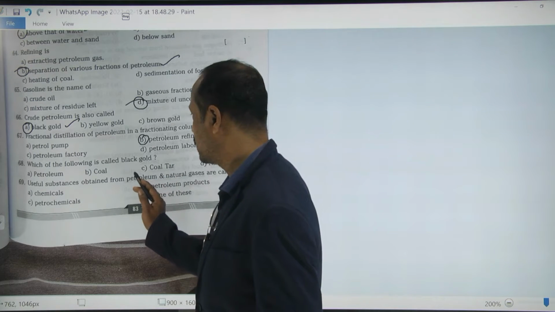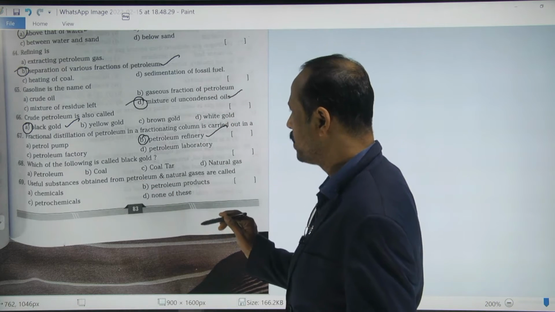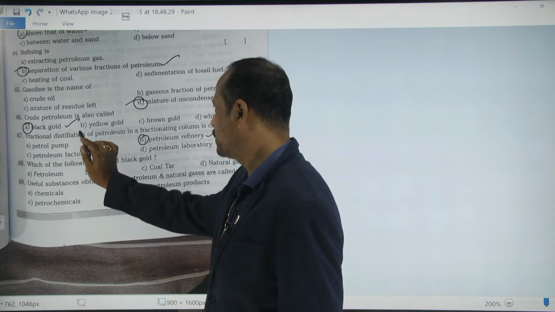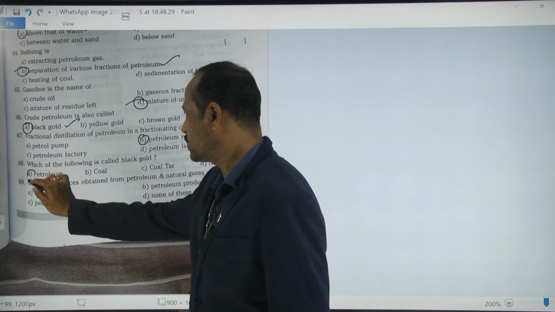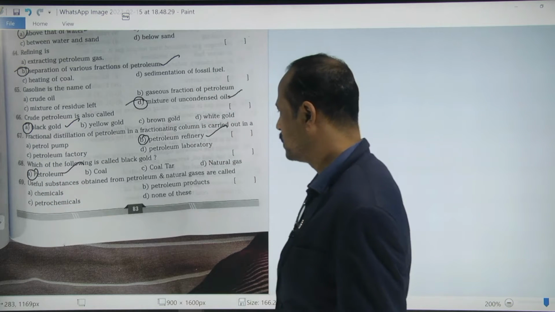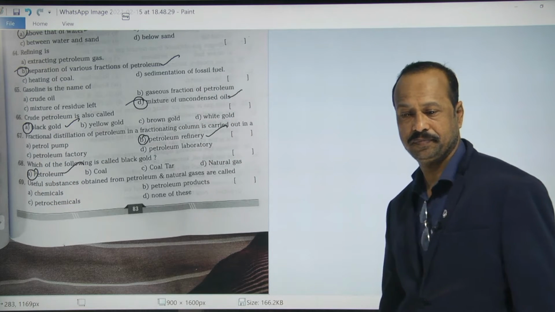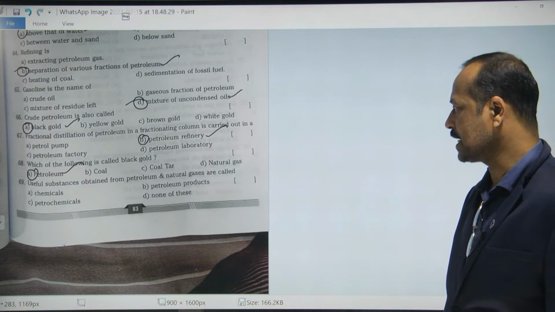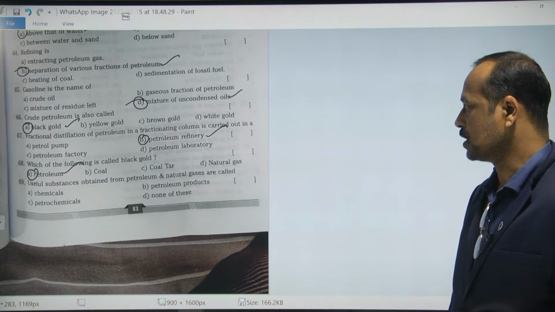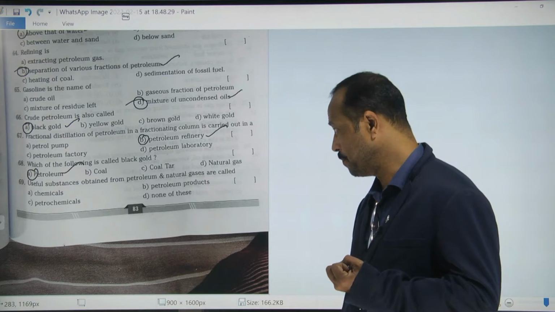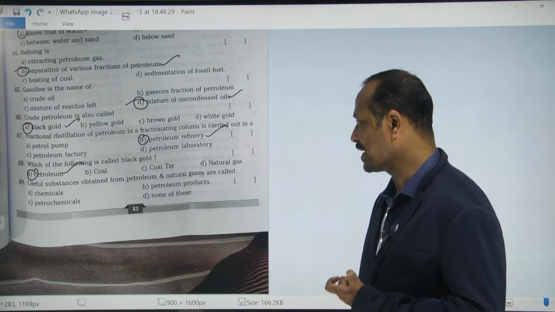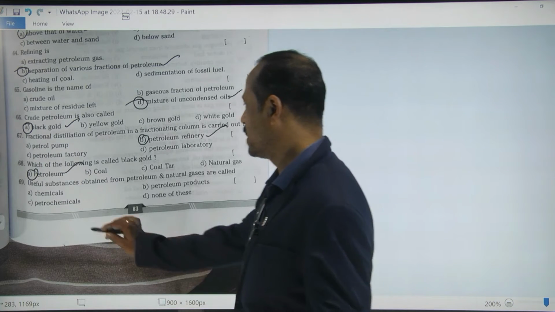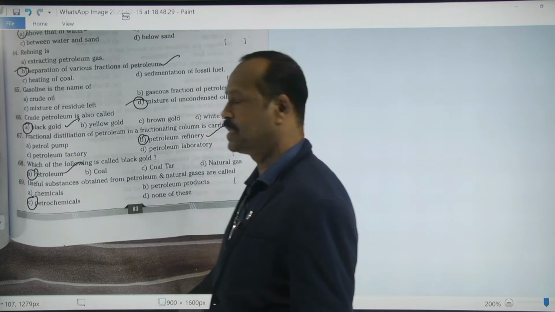Among these, coal and petroleum, you say crude petroleum is called black gold. Yes or no? So petroleum only, right? Next, useful substances obtained from petroleum and natural gas are called petrochemicals. Very good. Petrochemicals, the right answer.